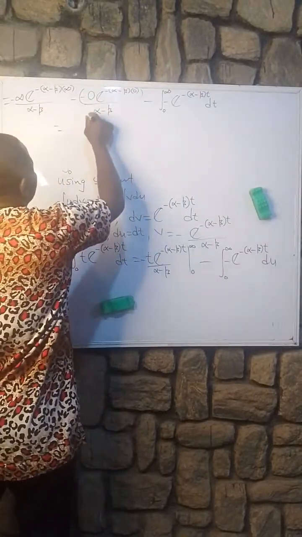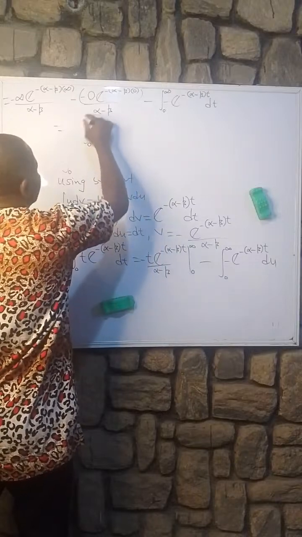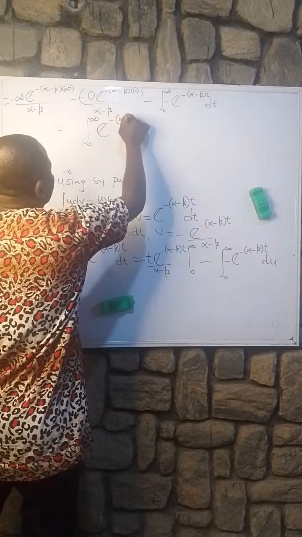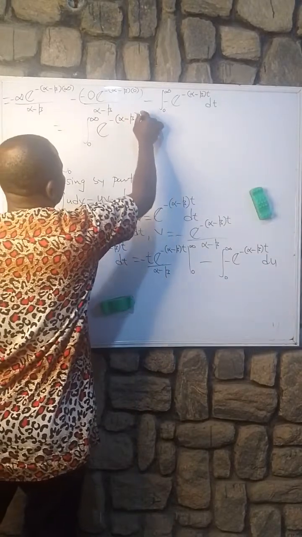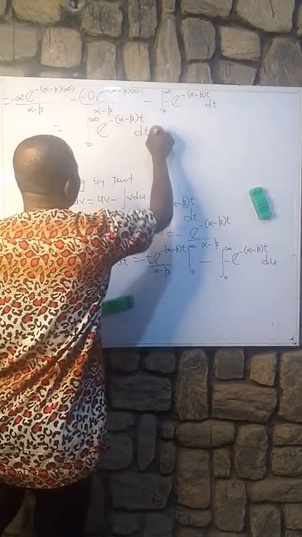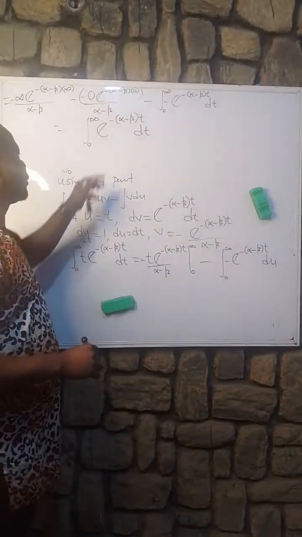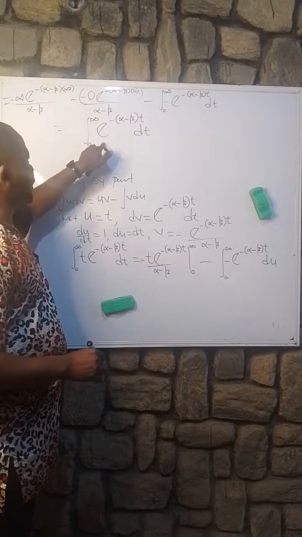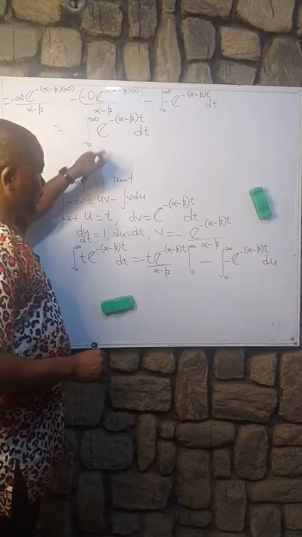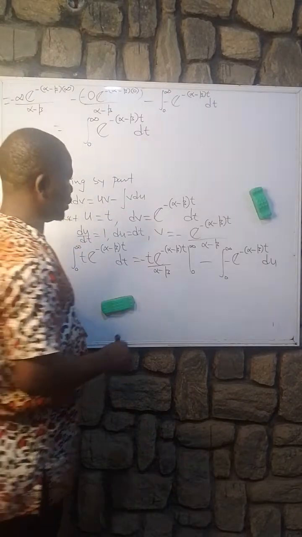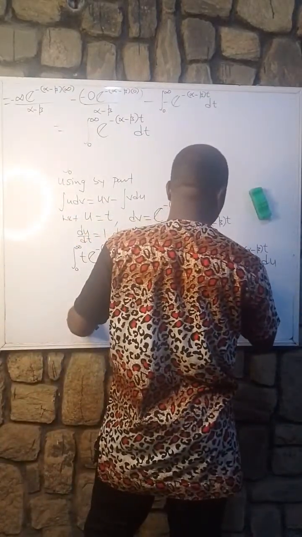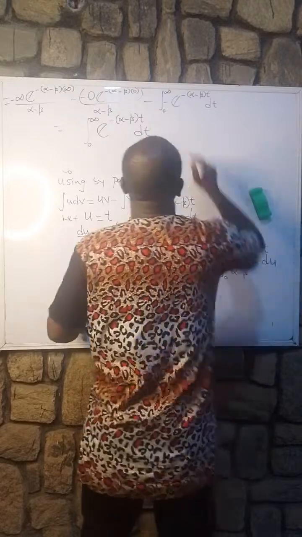So here we are going to have the integral from 0 to infinity of exponential minus open bracket alpha times beta t dt. With this, you don't need a prophet to tell you. Oh, sorry, I forgot the denominator. My alpha minus beta.